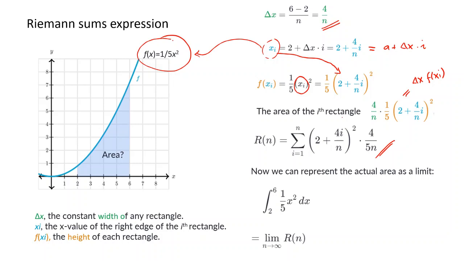We can then represent the actual area as the limit, so the limit as n approaches infinity of the Riemann sum is equal to this term.